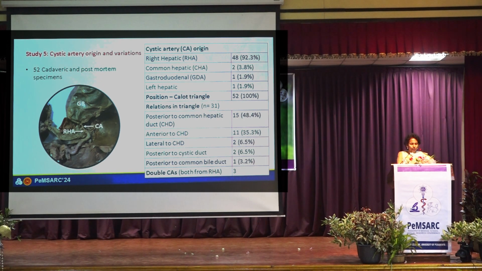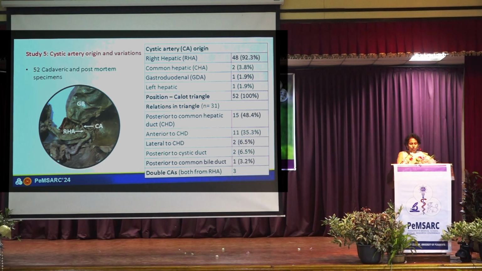The last one is about the cystic artery origin and variations. Here we used 52 specimens from cadaveric and postmortems. The commonest origin is from the right hepatic artery, which accounted for about half of the specimens, followed by the common hepatic artery.